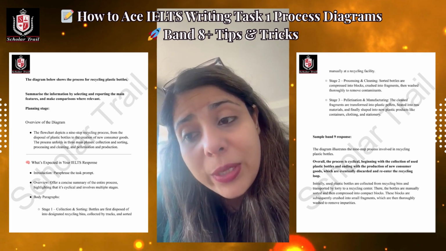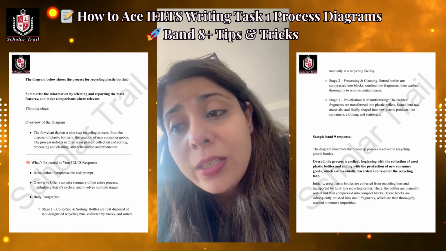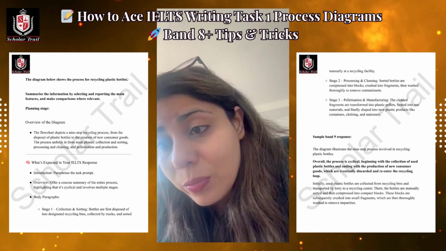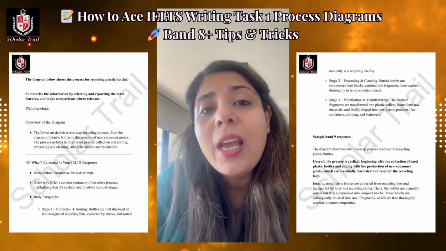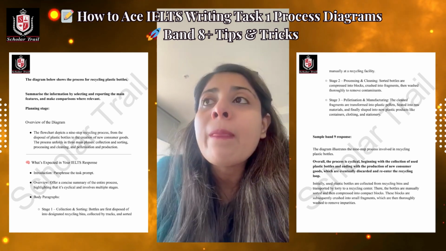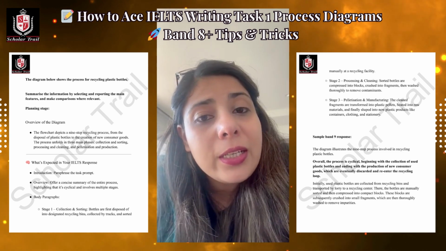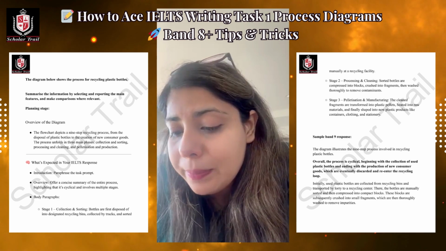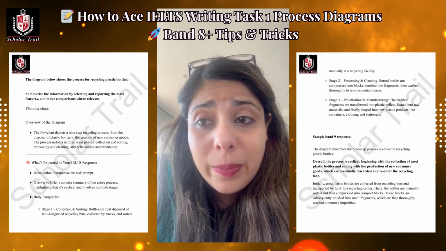These heated pellets are basically used to make raw material, and finally it goes to producing end products, as you can see, a t-shirt, containers, some stationery items, and finally again we dispose of those items, and then again it's a cycle. This is why, when I'm writing this answer, I'm writing it's a cyclic process. Why is it a cyclic process? Because it is repeated.